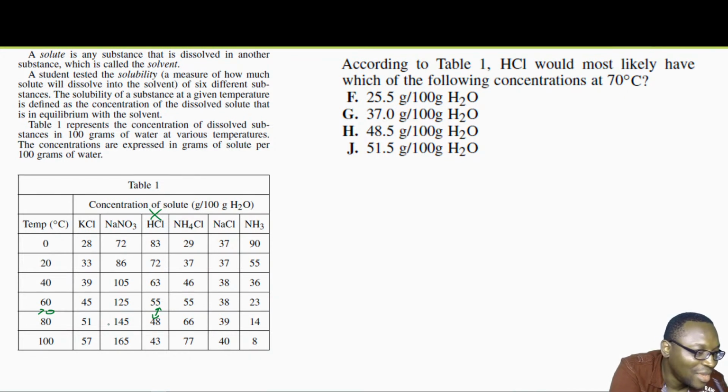So I would say roughly about 50 or 51 is going to be where your number would be. So let's look at our answers, and we can see here 48.5 will not work because it's too close to 80. So it's going to be maybe a higher 70, probably 78 or so. But now we have 51.5. You can see that that's almost in the middle of 55 and 48.